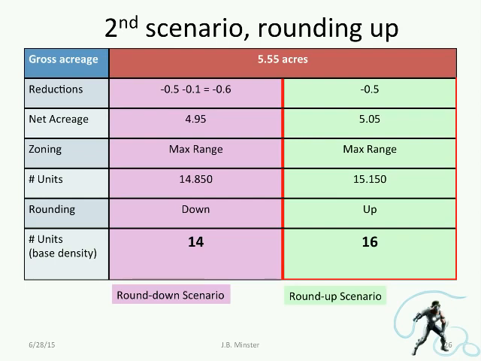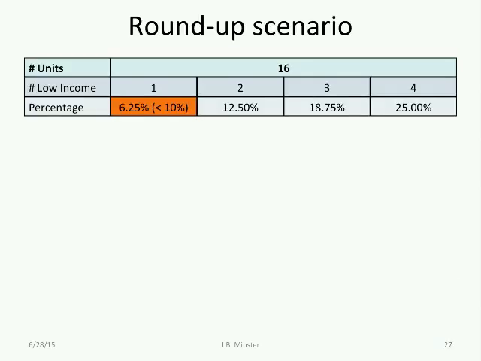We now turn to the round up scenario on the right-hand side, which starts with 16 units. In this case, we still have a choice of 1, 2, 3, or 4 low-income units, although the choice of a single low-income unit gives a percentage of 6%, which is less than 10%, and therefore falls outside the scope of the law.